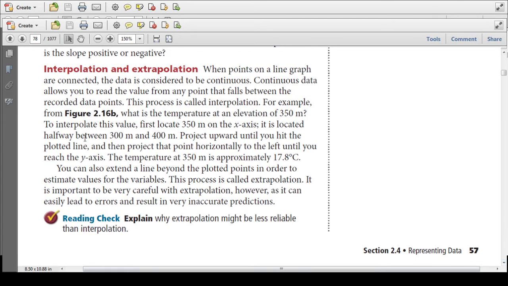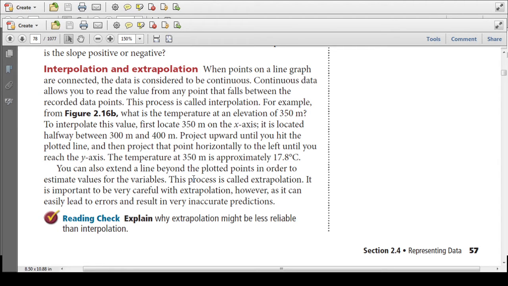To interpolate this value, first locate the 350 on the x-axis and note that it is somewhere halfway between the 300 and 400 meter mark. Project upward until you hit the plotted line, and then project that horizontal point to the left until you reach the y-axis. The temperature at 350 meters we'd probably say is approximately 17.8 degrees Celsius.